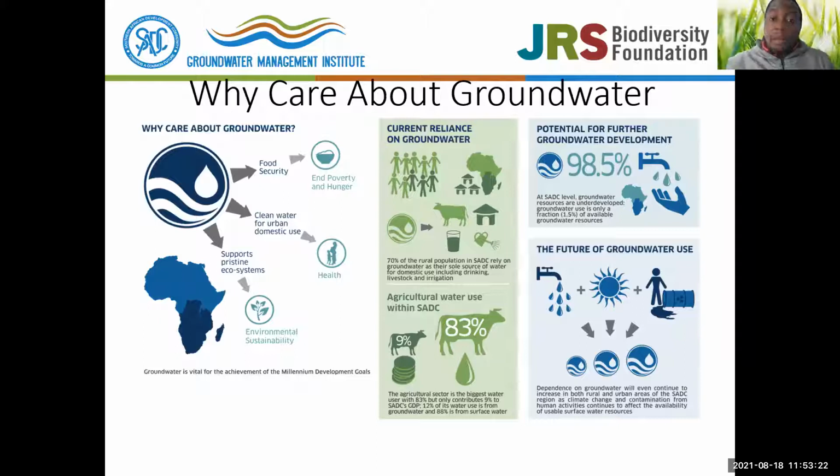What we realize is that most of the farmers, because that area is a water stressed area, depend on groundwater for irrigation of the potatoes that they grow within the region. And also the local communities depend on groundwater for their livelihoods.